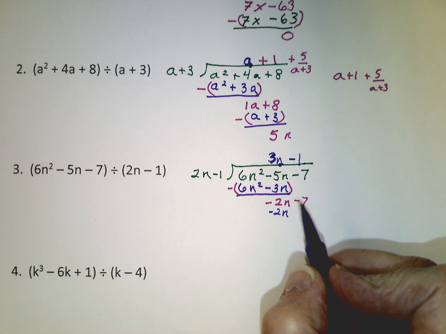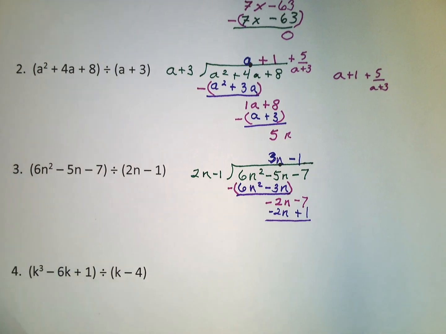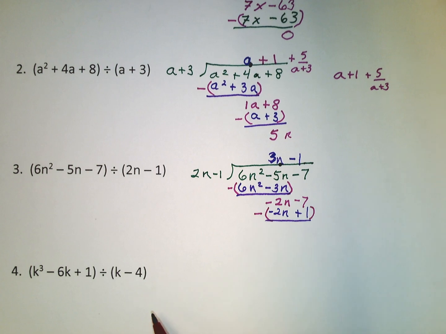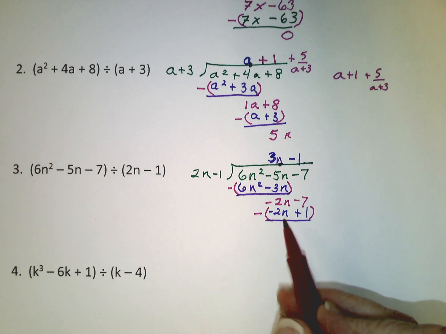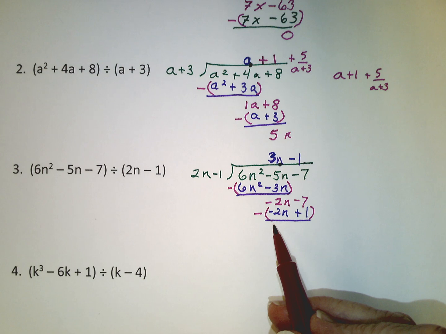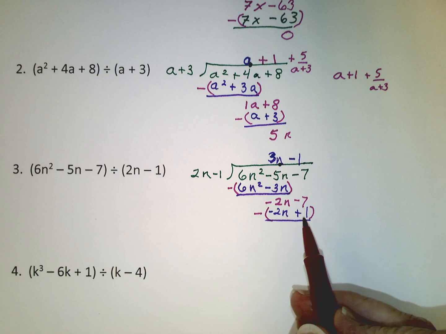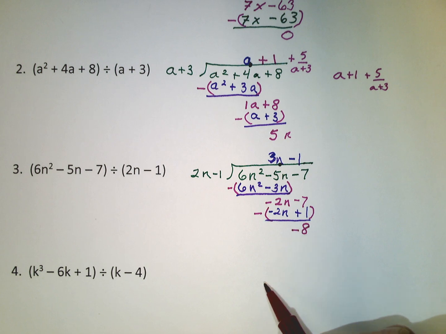Negative 1 times negative 1 is a positive 1. And then we're going to finish it off by subtracting. Well, negative 2n subtract another negative 2n, they cancel out. Negative 7 subtract 1 is going to come out to negative 8.